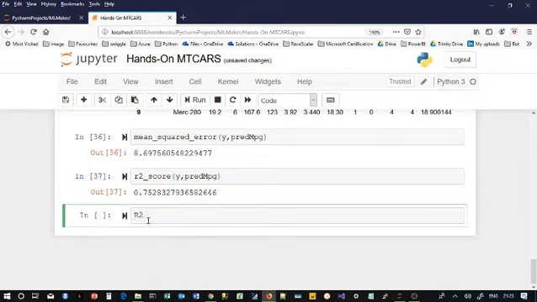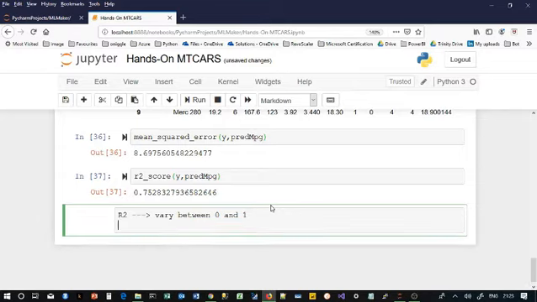Now R square is a value that will always vary between 0 and 1, regardless of the data that you are working on, regardless of the use case that you are looking at, regardless of the metrics of measurement. R square will always vary between 0 and 1. Higher the value, better it is.